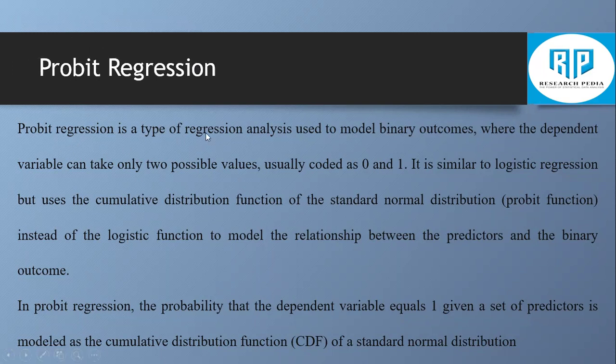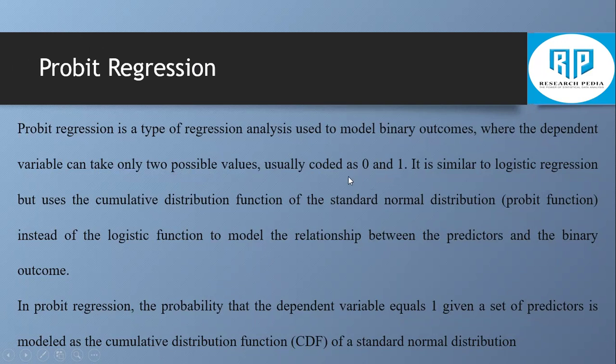Probit regression is a type of regression analysis used to model binary outcomes. So we can say that it is similar to simple logistic regression or binary logistic regression, where the dependent variable can take only two possible values, usually coded as 0 and 1.